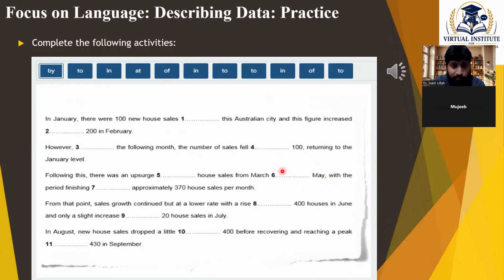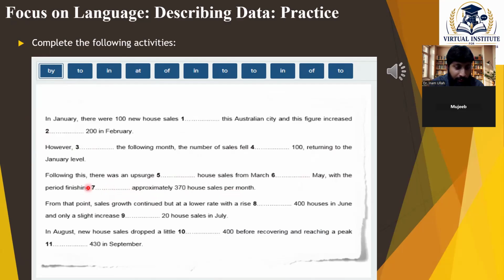Tell me what is the right preposition here. You have to make it correct. Yes. From March to May. Very good. There was an upsurge of house sales from March to May, with the period finishing dash approximately 370 house sales per month.